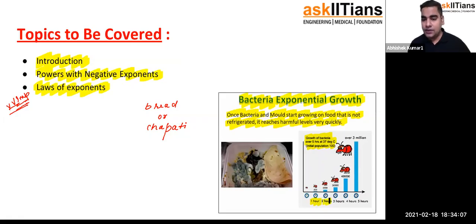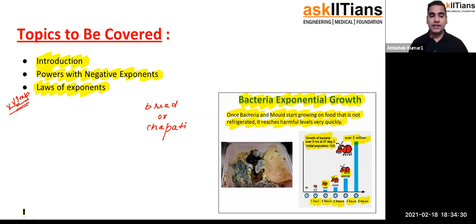After 2 hours they reached 6,000, after 3 hours they reached 50,000, and after 4 hours the value became very large, and after 5 hours you can see over 3 million. So this increase in the number of bacteria is called the exponential increase in number. Are you getting this?